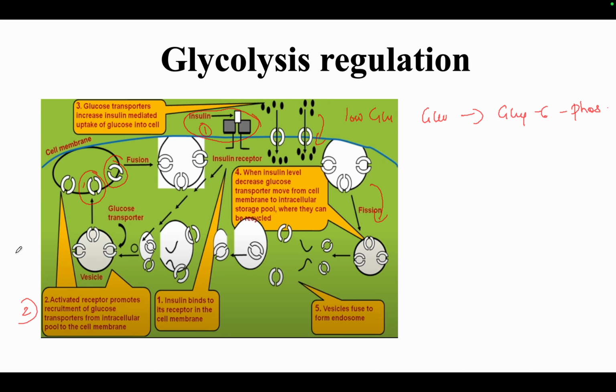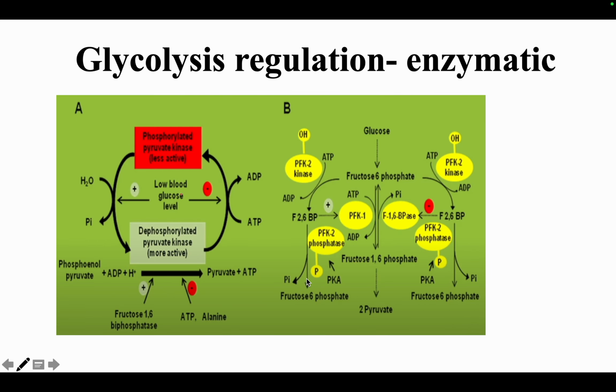They can be fused to an endosome, or they could be phagocytosed. They can either be recycled or just degraded in the endosome. So this is how glycolysis is regulated via hormone.